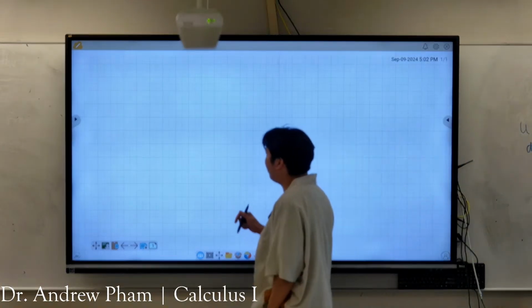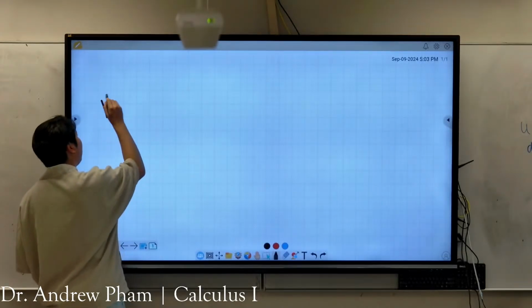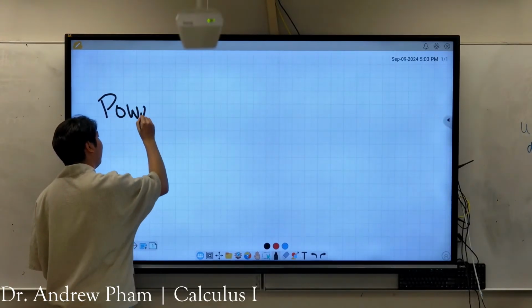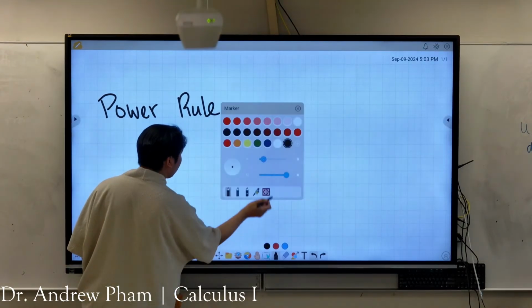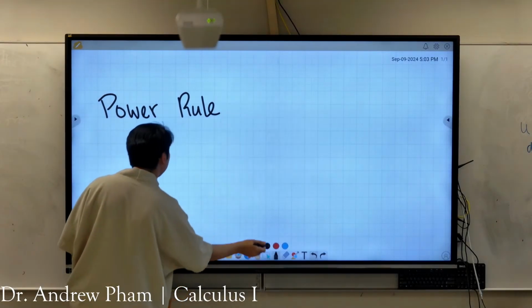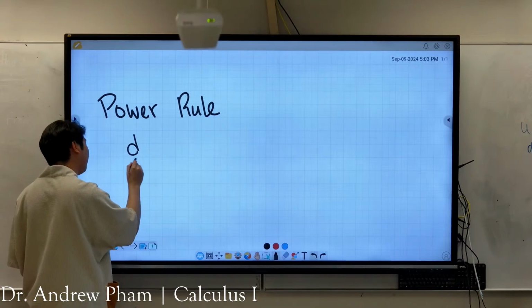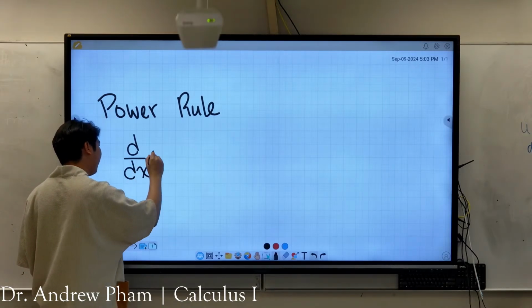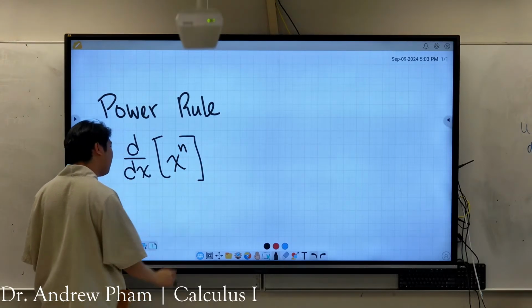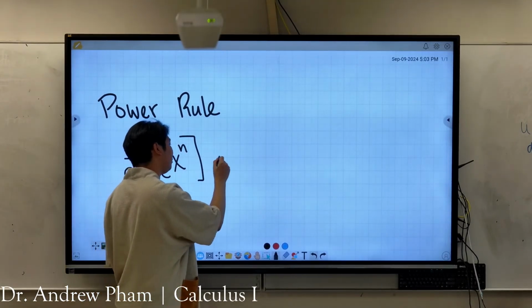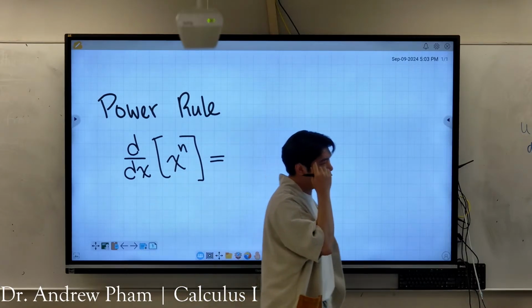So just a recap of what we did before, we talked about the power rule, which stated that if I take the derivative of x to the n power, what's the derivative?